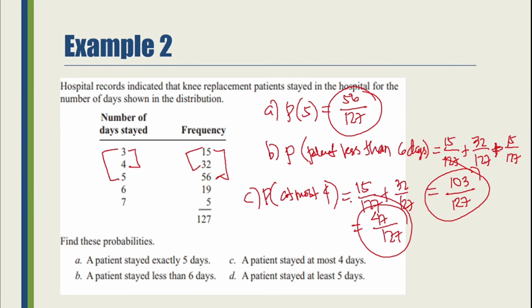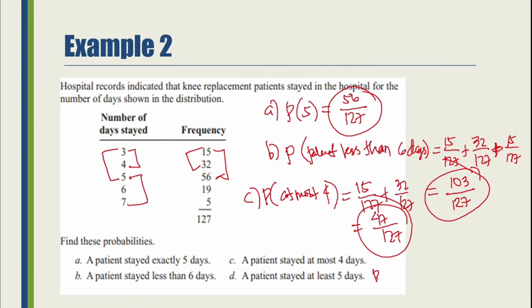Next is a patient stayed at least 5 days. So we have the minimum of 5, therefore 5 to 7.